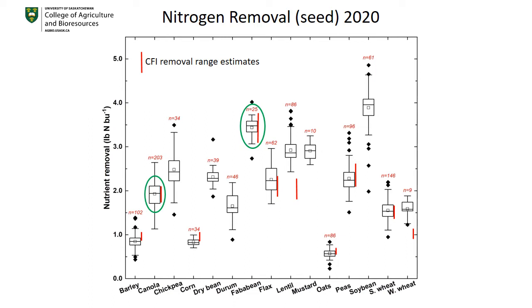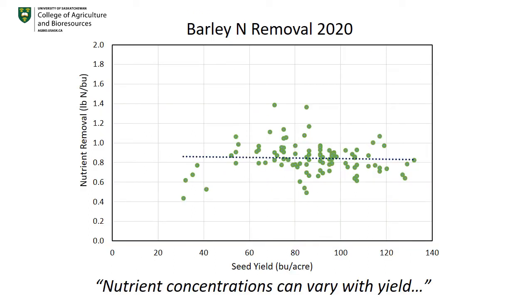In other instances, the CFI estimates underestimate the actual removal that we saw with the 2020 crop. And I wanted to point out, there was the statement that nutrient concentrations can vary with yield.